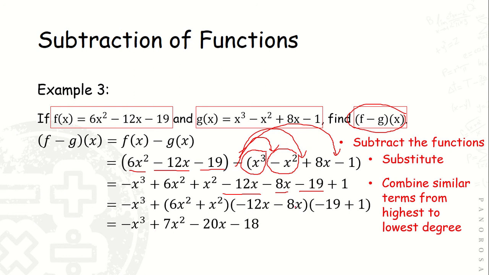My negative 12x minus 8x is negative 20x. Negative 19 plus 1, subtract the numbers and use the sign of the higher number, so we have negative 18. So the final answer is negative x cubed plus 7x squared minus 20x minus 18.